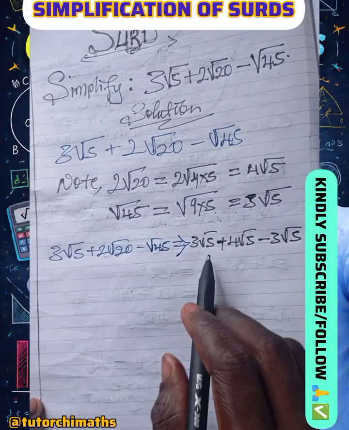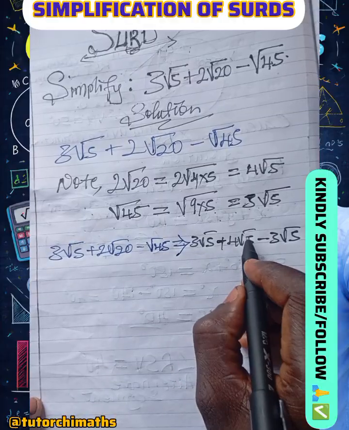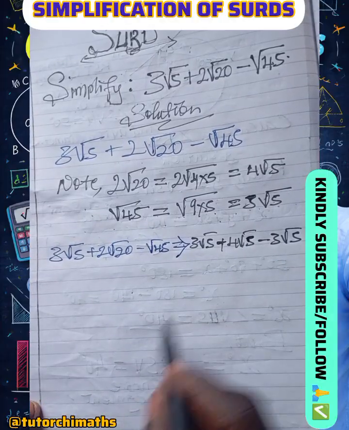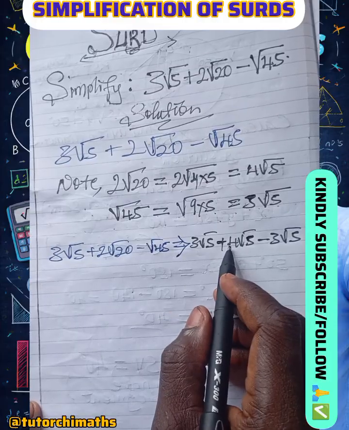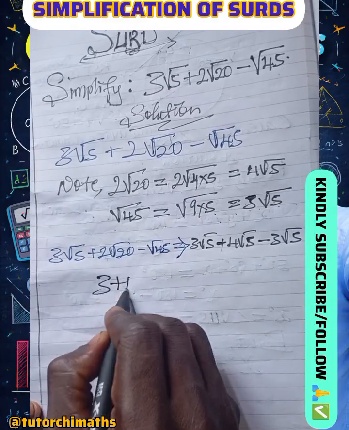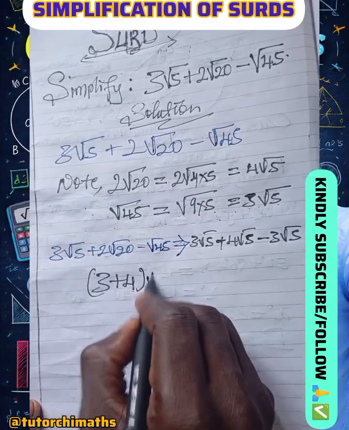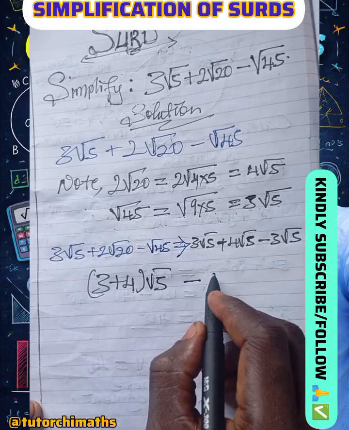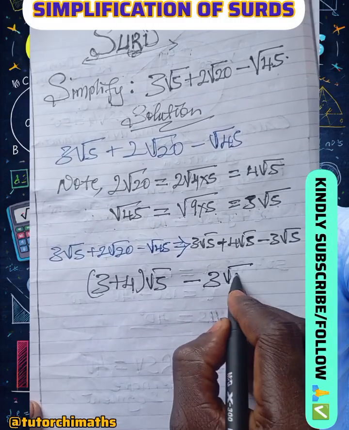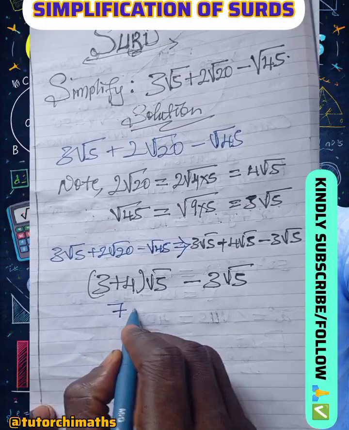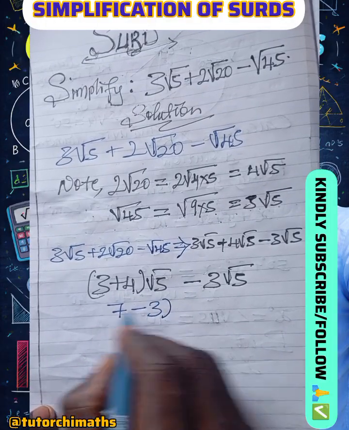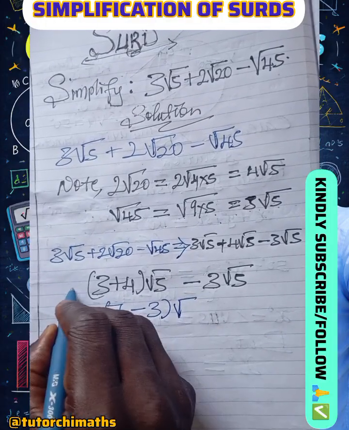We can now add because they have the same radicands. So 3 plus 4, root 5, minus 3 root 5. This will give us 7 minus this 3, all in root 5.